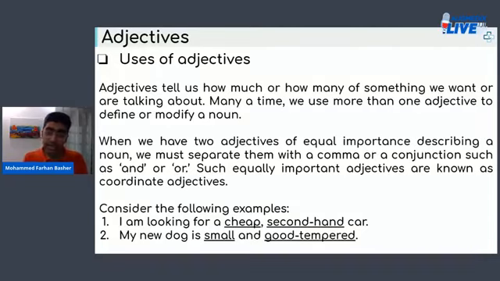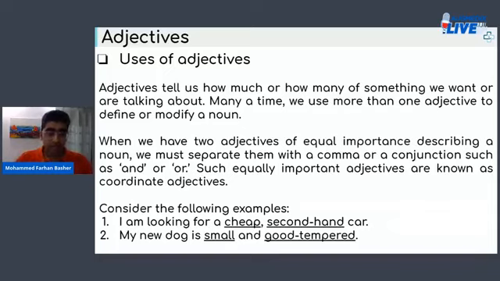Neither is second-hand any less important than the word cheap, because the car needs to be cheap and equally it needs to be second-hand. So when you have adjectives of equal importance defining a noun, you need to separate those adjectives with commas. If two, then you put one comma between the two. If you've got three adjectives of equal importance defining a noun, then you put two commas in between the three adjectives. Okay? All right.